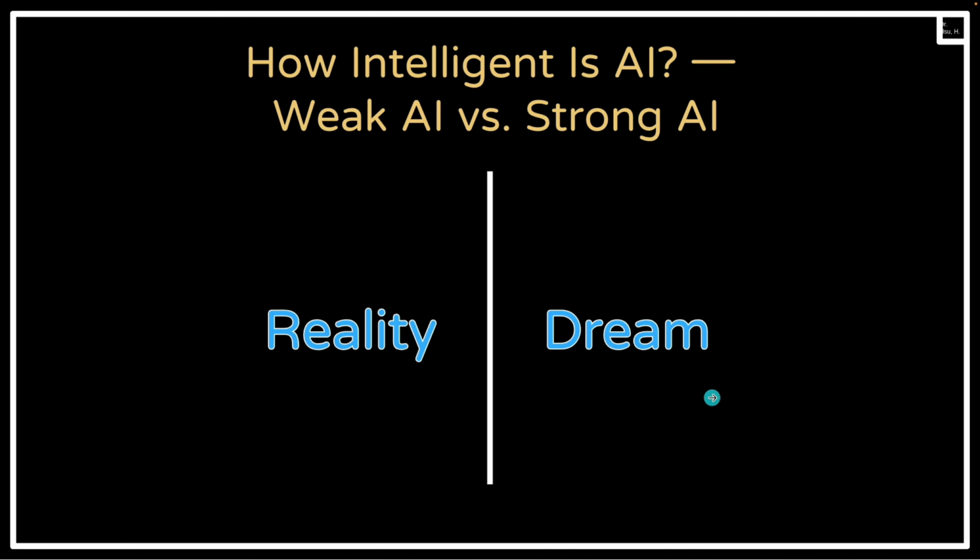In the media, AI is often presented as if it is moving rapidly toward human-like, all-purpose intelligence. But in reality, most of the AI systems that create value today are still highly specialized. So this section is really about separating what exists now from what people imagine for the future.